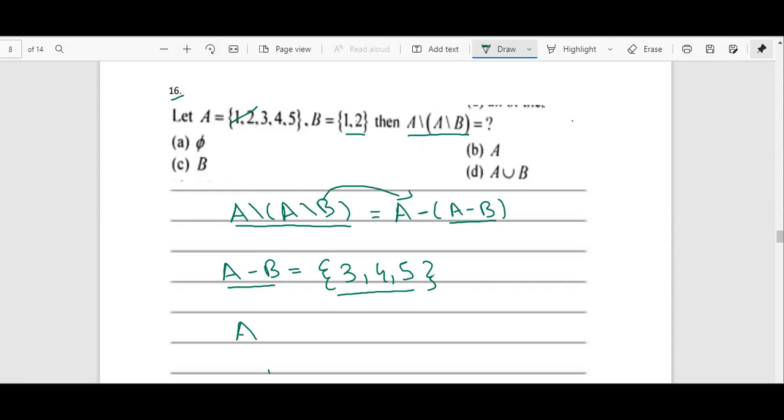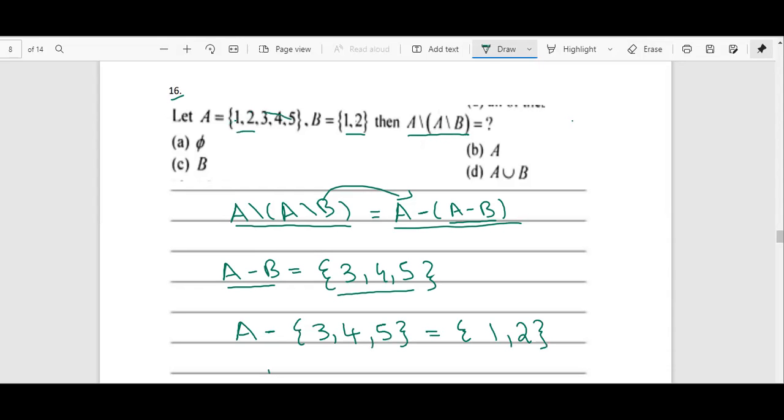Now I'm doing for this whole thing A minus {3, 4, 5}, I am going to get {1, 2} because in A I have 1, 2, 3, 4, 5, and this time around I have to subtract 3, 4, 5. So if I subtract 3, 4, 5, I'm left with 1, 2 only.